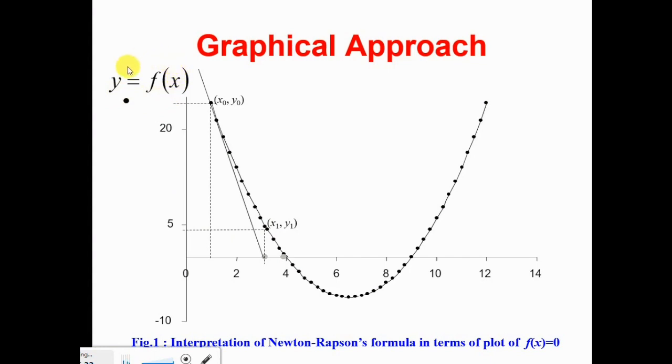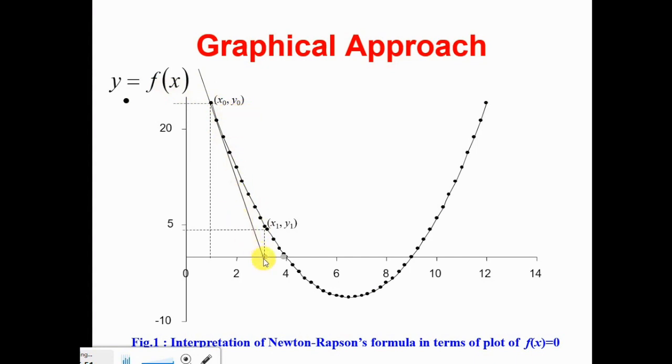For this particular point where we have x1, we have corresponding y1 that you can calculate using this polynomial equation. So we have started with an arbitrary point x0. For that we have calculated y0 using this polynomial. Then we have tried to find the equation of the line which is tangent to the curve at point x0, y0.